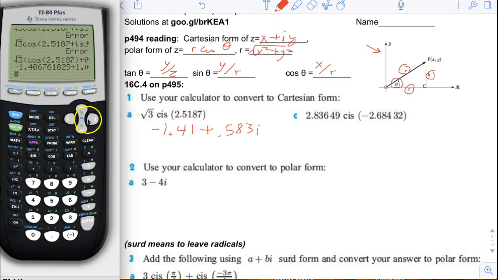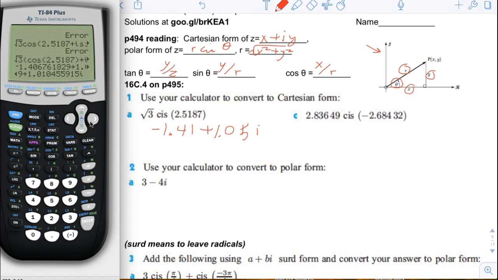So that gives me negative 1.41 plus 1.01i. 1.01? No, 1.05i.